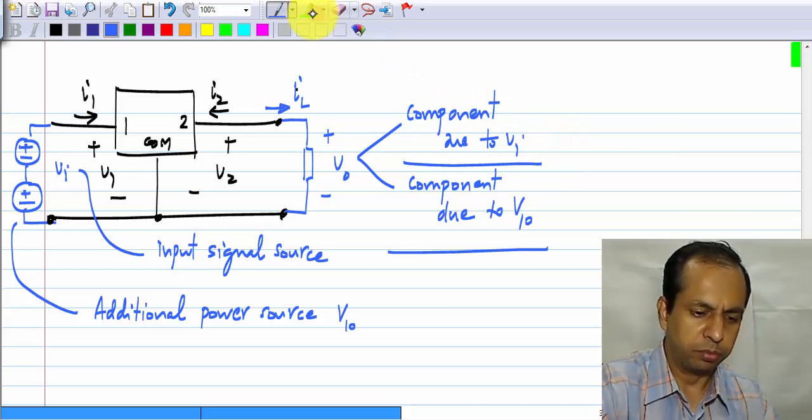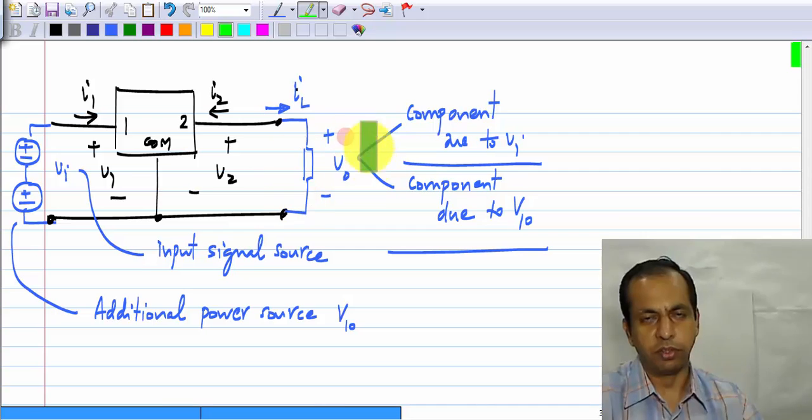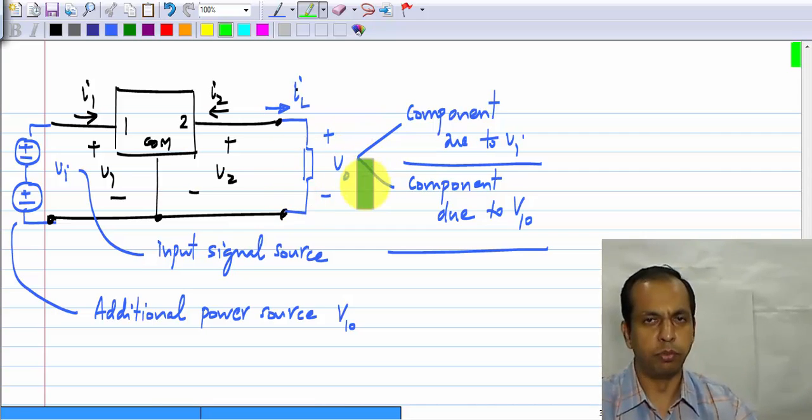Okay. All I am saying is that both of these sources will have some effect on the output voltage. So, that is a very general statement and very obvious.